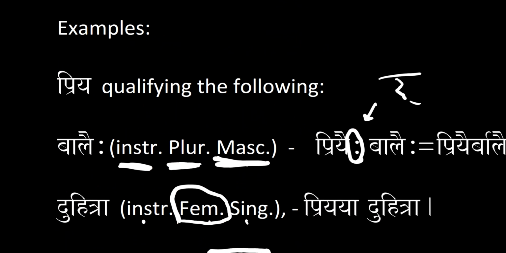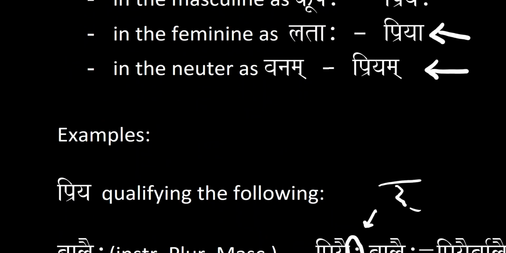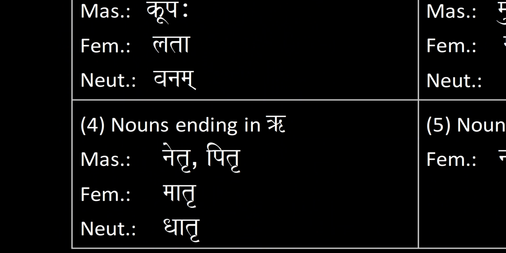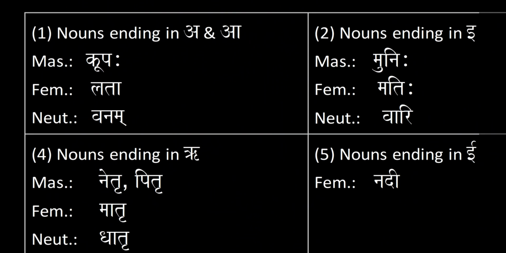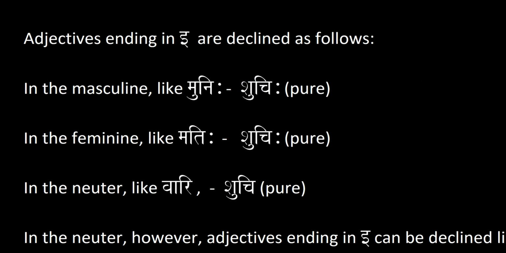Now that we went over some examples with adjectives ending with a, we are going to deal with adjectives ending in e. Just like we did for adjectives that end in a, the example adjective that we are going to use is suchi.